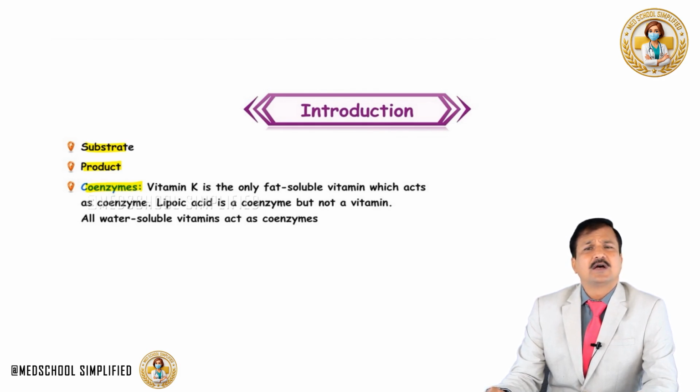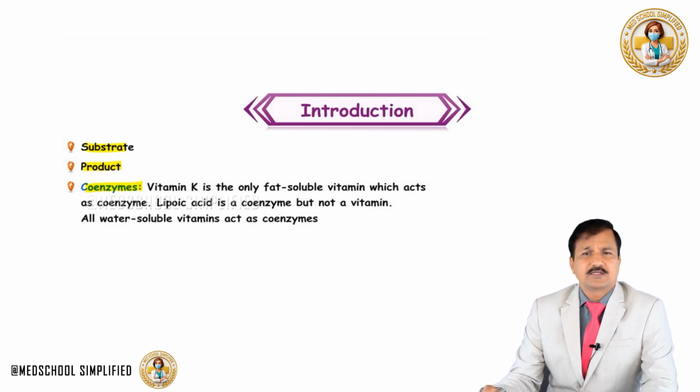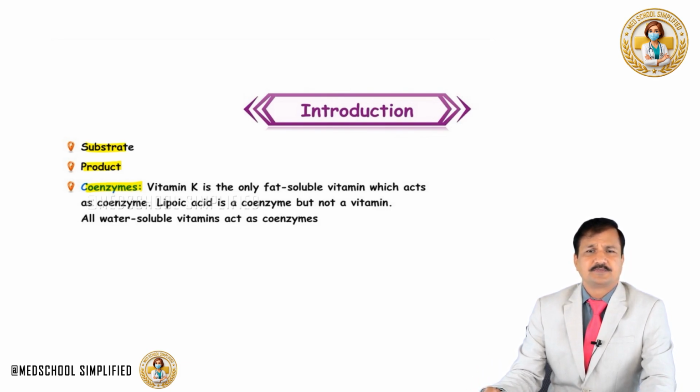And some of the molecules that act as coenzymes are not necessarily vitamins, like lipoic acid acts as a coenzyme, but it is not a vitamin. All water soluble vitamins act as coenzymes. Example, vitamin B6, pyridoxine. The active form of pyridoxine is pyridoxal phosphate, and pyridoxal phosphate is a coenzyme for more than 100 enzymes in our cellular metabolism.